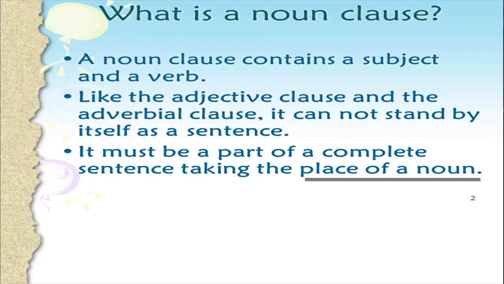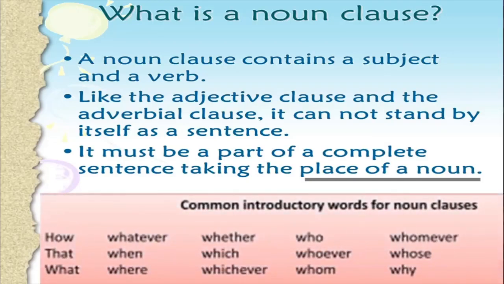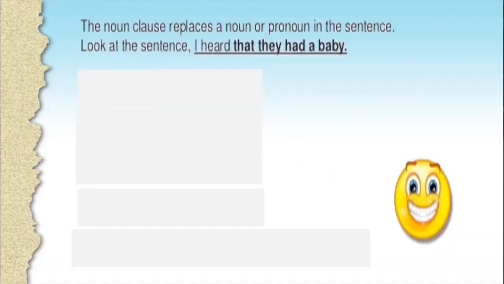Just like the adjective clause took the place of an adjective, the noun clause will take the place of a noun. Let us see how, and let us see what words noun clauses usually begin with. Noun clauses begin with how, that, what, whatever, when, where, etc. Let us look at this example, and the idea will be perfectly clear to you.